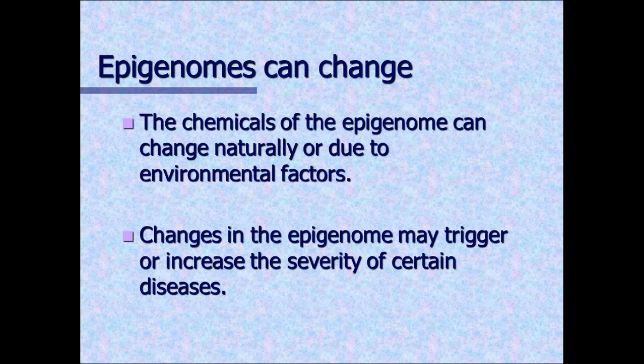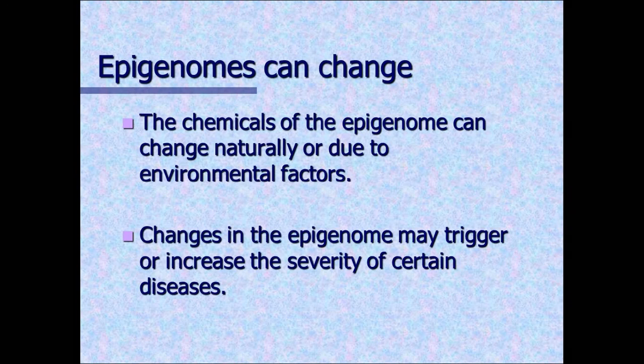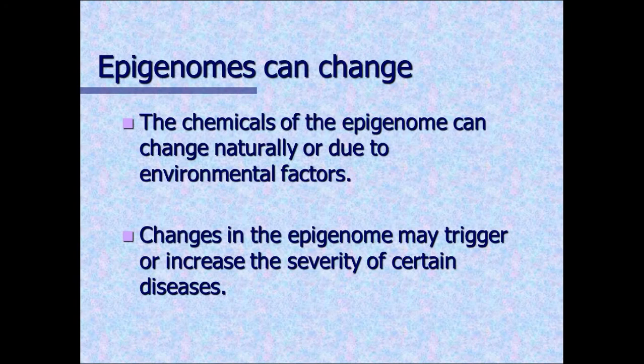Currently, most biologists believe that any changes in your epigenes are probably harmless. But some early studies are indicating that changes in the epigenes may lead to or change cancers, may lead to diabetes, may lead to other types of diseases, or may increase the severity of certain diseases that are already present.